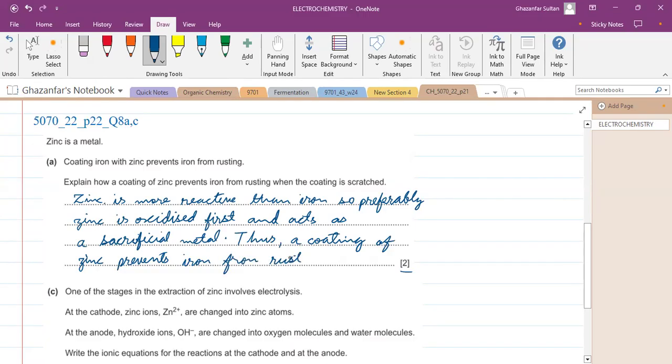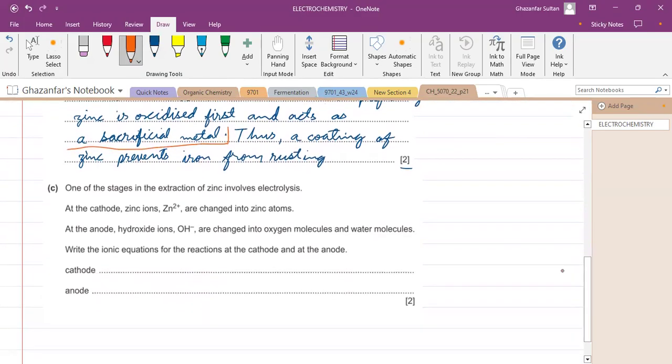And another important point that students should note is that it is not necessary to write the last sentence, that thus a coating of zinc prevents iron from rusting. Your answer has been completed here.